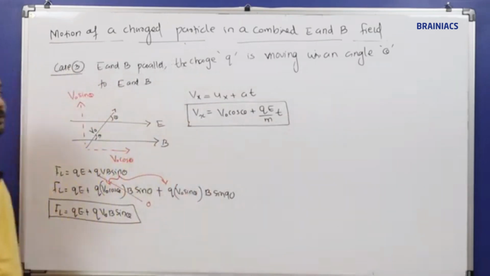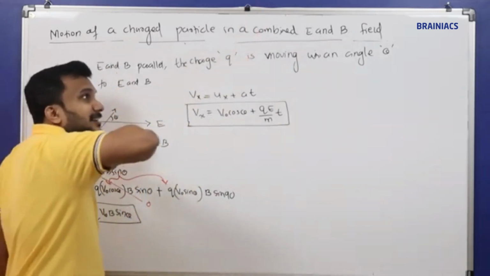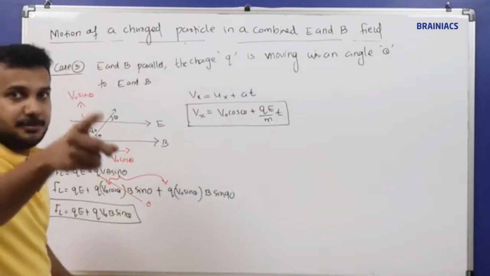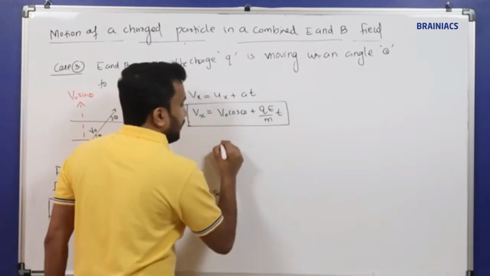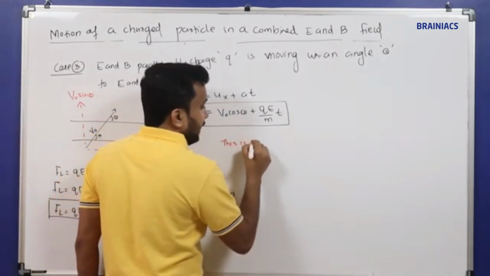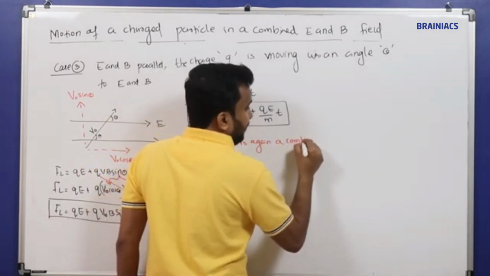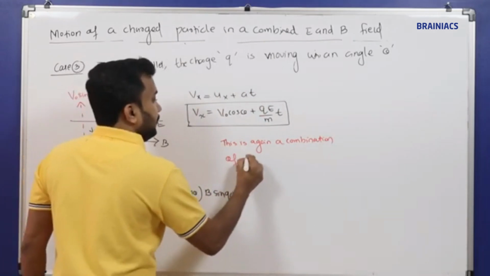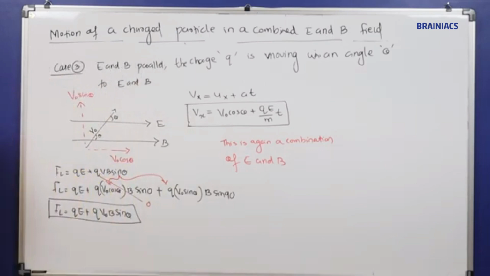Next, the question asks what type of motion this is. A charged particle is coming in like this, the electric field is pulling in this direction, and the magnetic field will give rise to what type of motion? Circular motion. So this is again a combination of E and B, electric field and magnetic field.